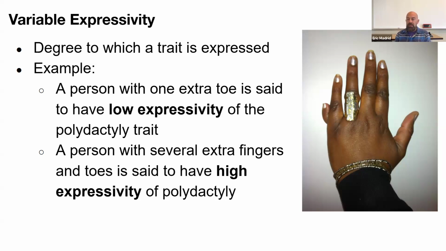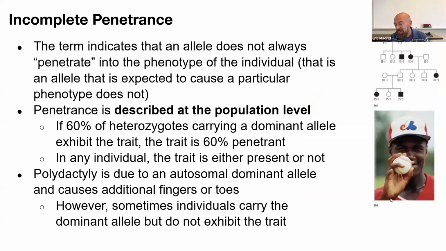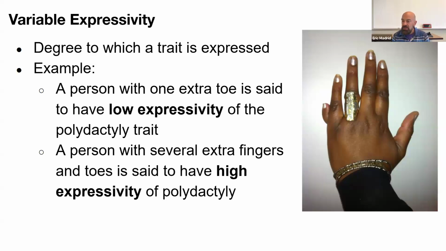In this example, we would say that they've got polydactyly, but this 6th finger is pretty small compared to this guy who's got 6 fingers, but the 6th finger is much bigger. So again, penetrance is across the entire population. Expressivity, we'd be talking about an individual. How expressive is that allele within this individual person?